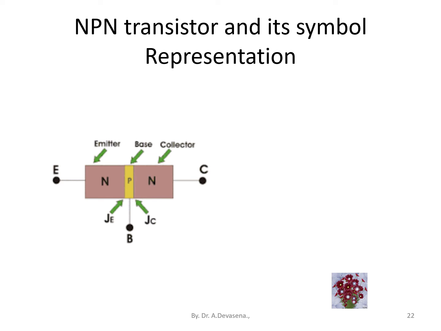Between emitter and base, the emitter junction is there, and between base and collector, the collector junction is there. It is indicated here. Here is the symbol representation of NPN. In the NPN transistor, at the emitter terminal, the arrow mark is pointing outside the circuit.